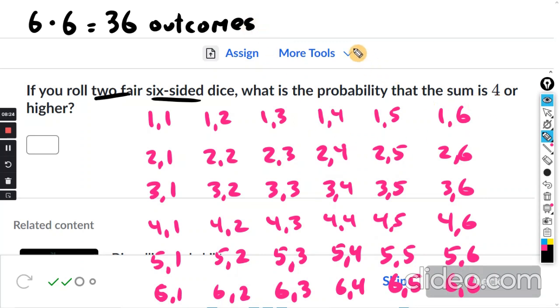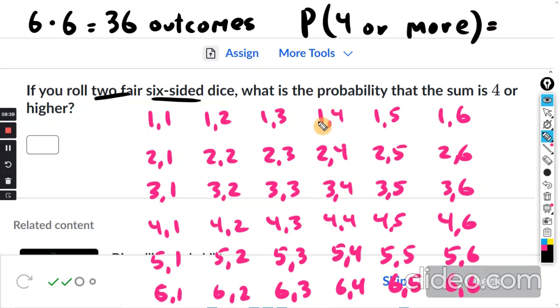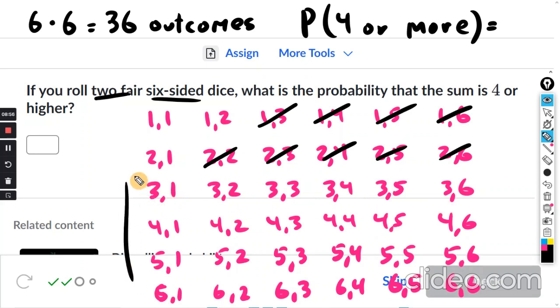And we want the probability that the sum is 4 or more. How many outcomes have 4 or more? Well, let's see. Right here we have 4 or more. So 1 plus 3 is 4. That's 1, 2, 3, 4. 4 or more. 5, 6, 7, 8, 9. And all of the rest of these are also going to be 4 or more.